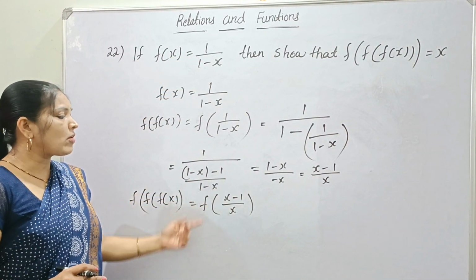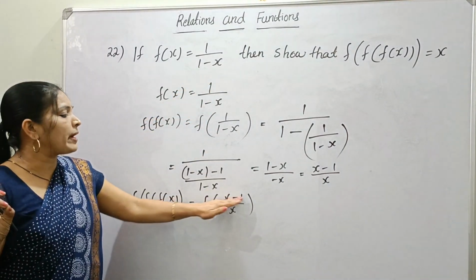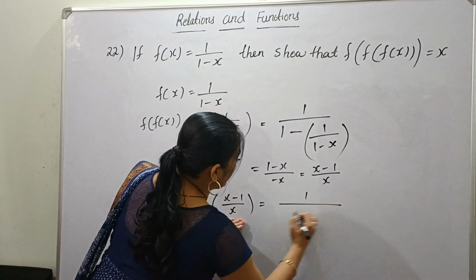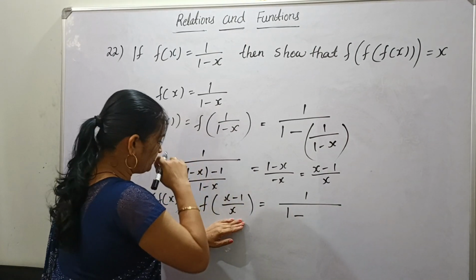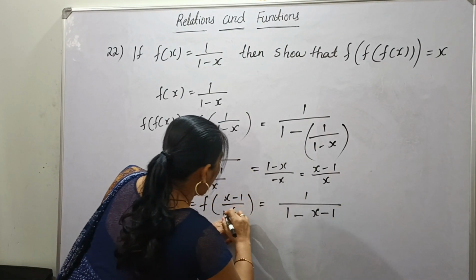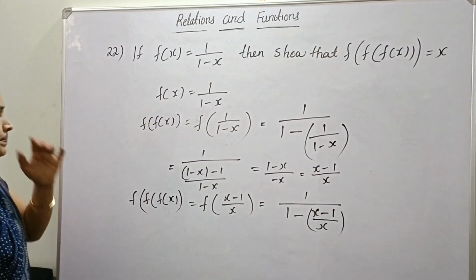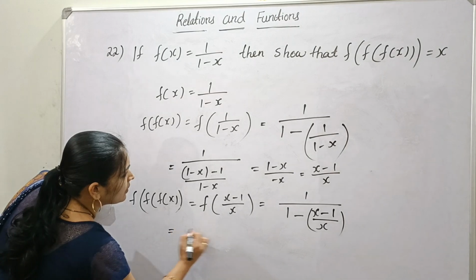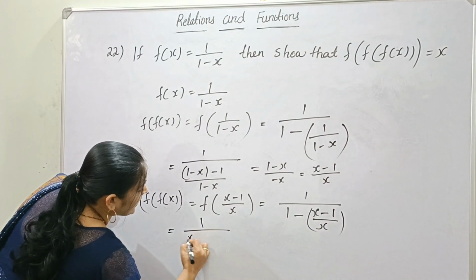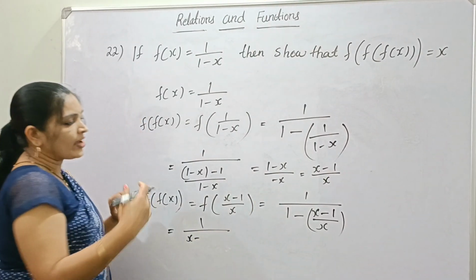So how to find the f of x minus 1 by x? In place of x, we should substitute x minus 1 by x, right? That is 1 divided by 1 minus x, in place of x, we should substitute x minus 1 divided by x. Take LCM. 1 divided by, see here, x, take LCM, okay, x minus of x minus 1.